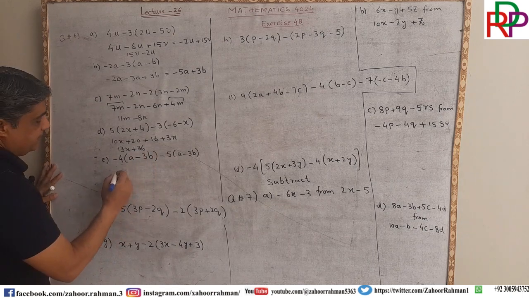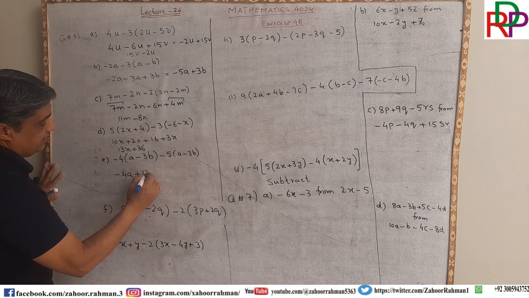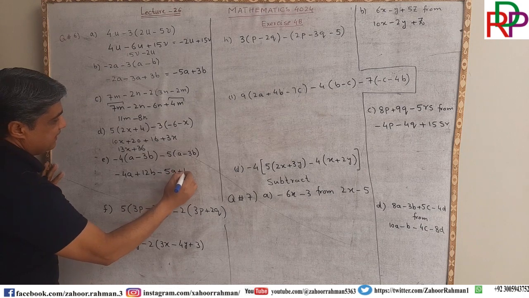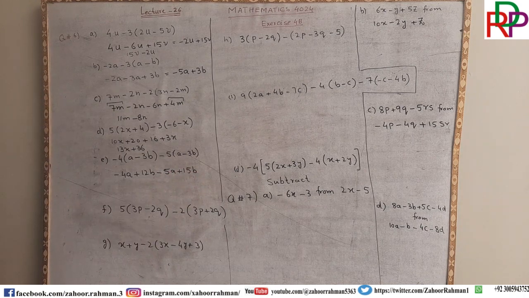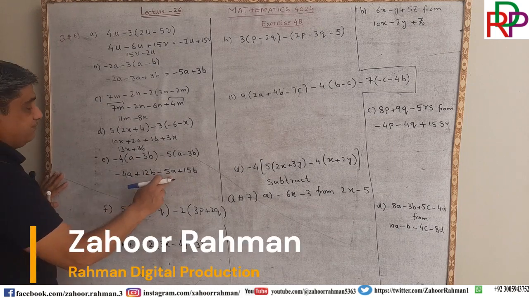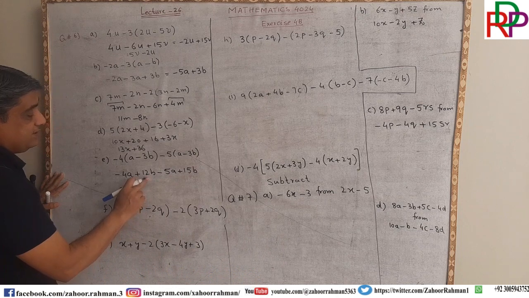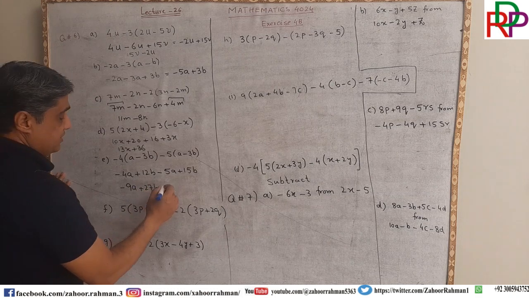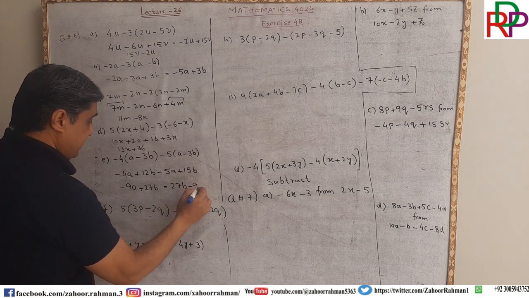Again, we have to expand minus 4a plus 12b minus 5a plus 15b. Now minus 4a minus 5a is minus 9a, 12b and 15b is 27b, which is equal to 27b minus 9a.